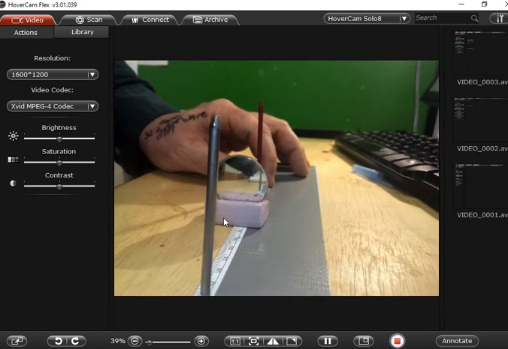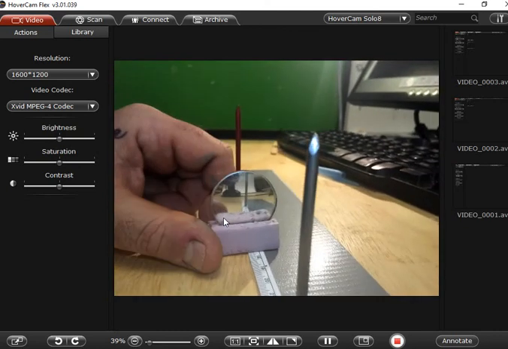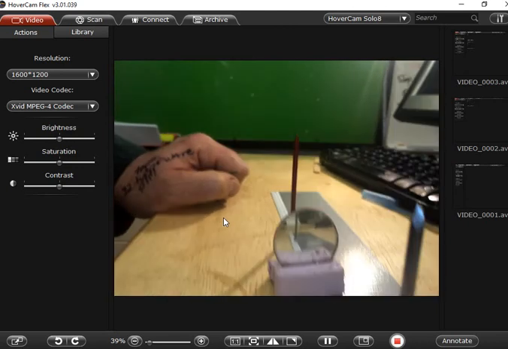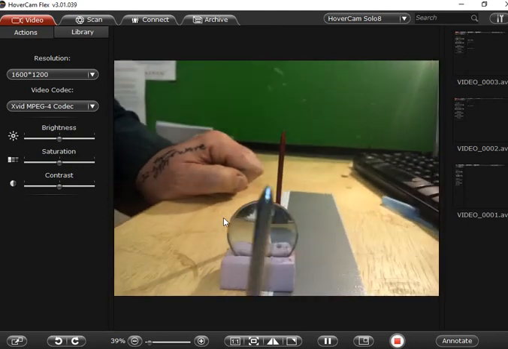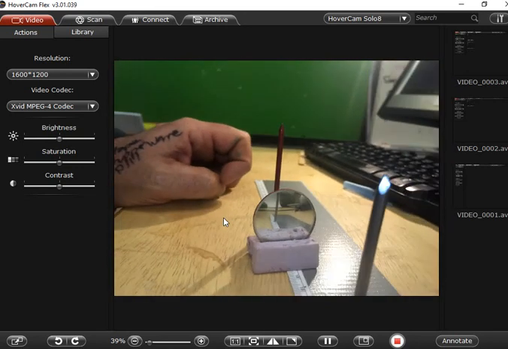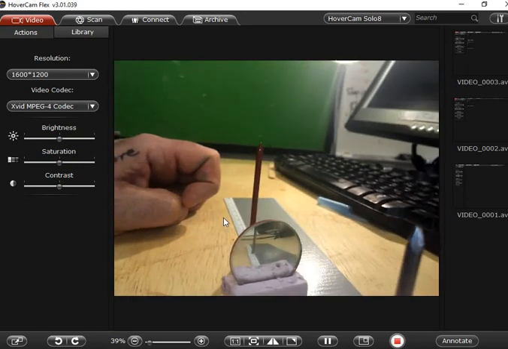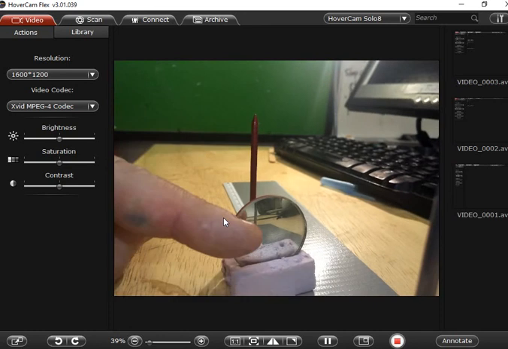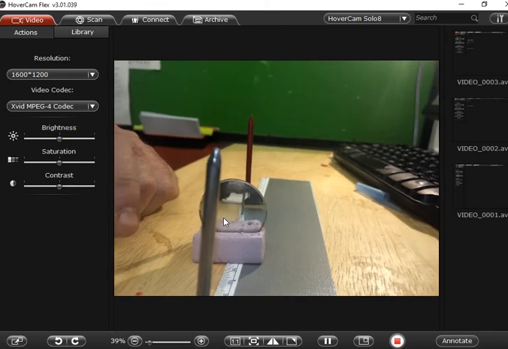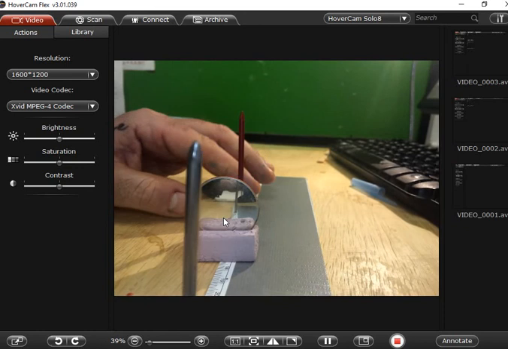Let's move a little bit closer. Okay, now that's almost lined up. Oh, that's still off a little bit. That's a little bit better. Almost there. Here the image in the mirror is on the right side of the nail, and over here the silver image is on the left side of the nail, so we're just almost there.